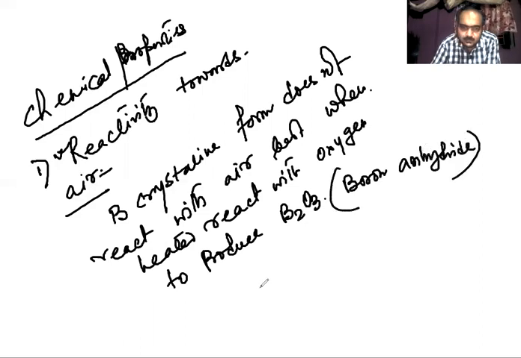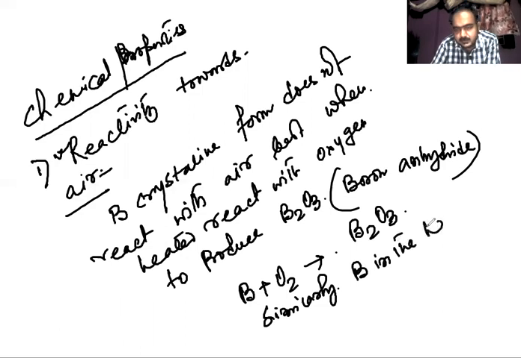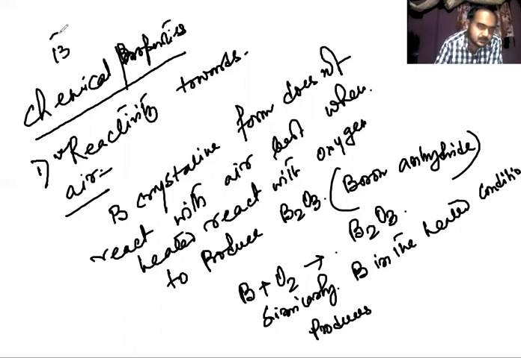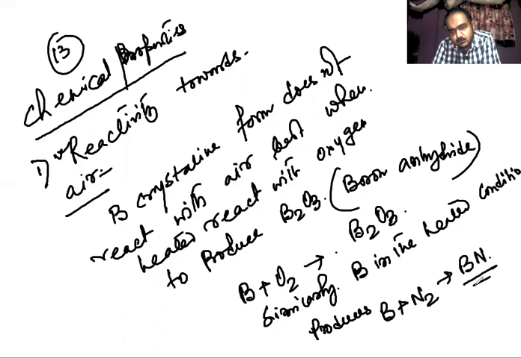B plus O2 will produce B2O3. Similarly, boron in the heated condition produces boron nitride: B plus N2 will produce BN, boron nitride.